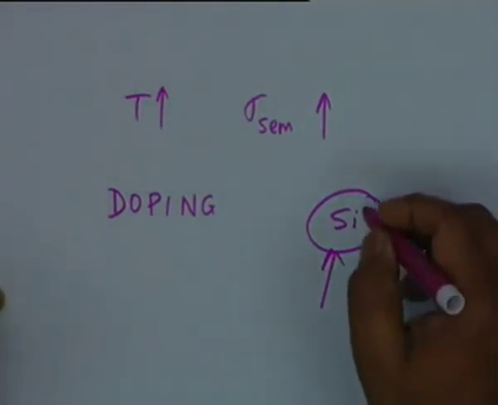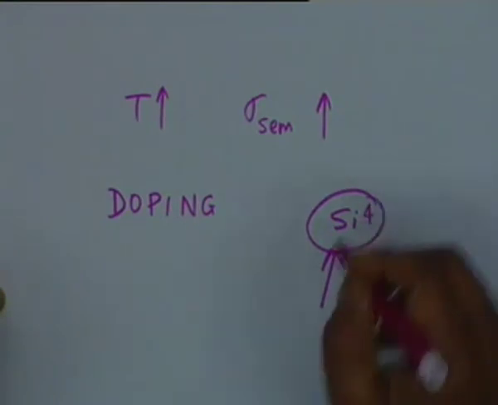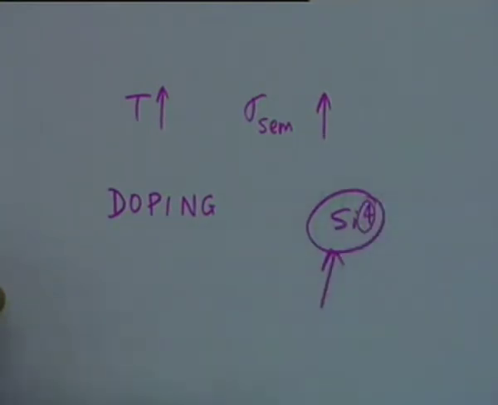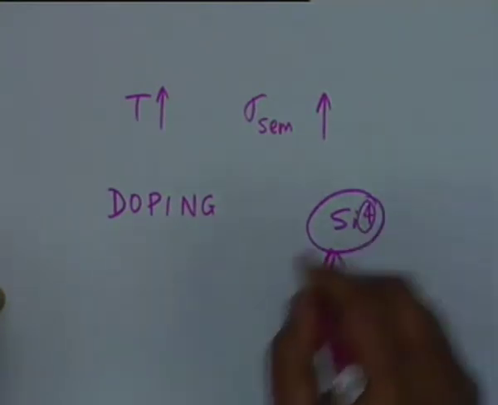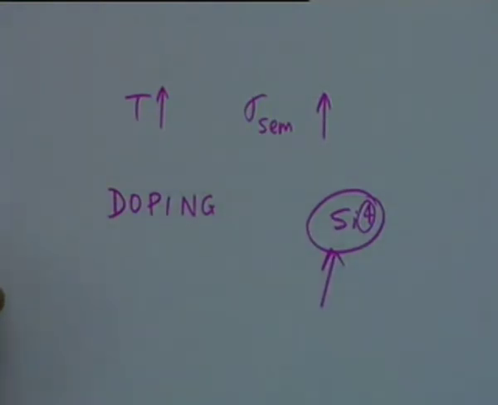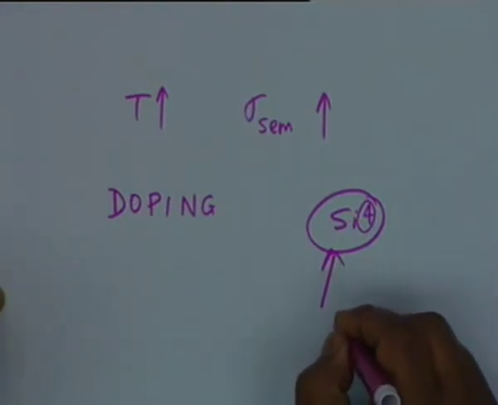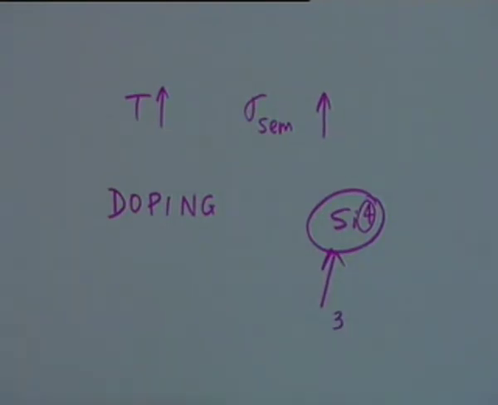That is, silicon has 4 outermost shell electrons. You must inject in silicon a very small quantity of either a trivalent or pentavalent impurity. So, the impurity should be of valency either 3 or 5, and you can see what are the possible candidates.